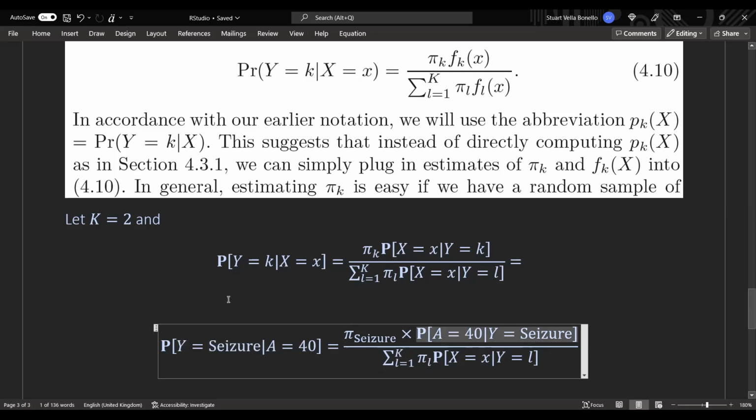Now, how are we going to get these probabilities? And this is why maybe you're asking about sample size. We'll have to continue reading on.